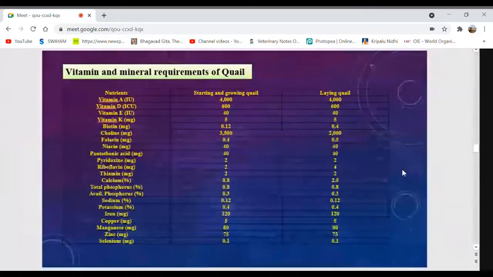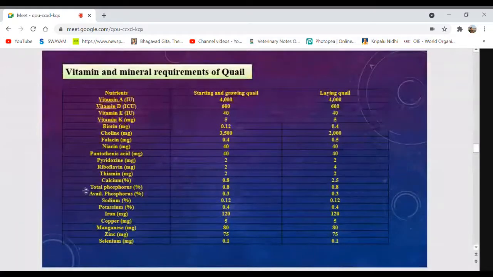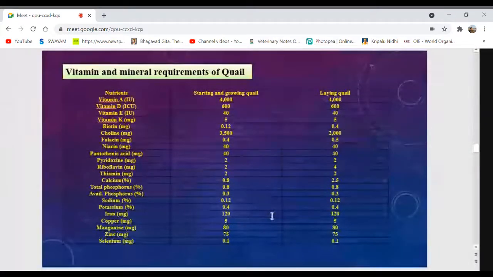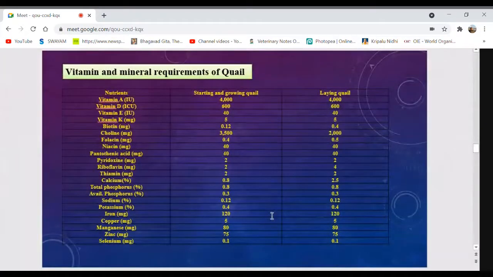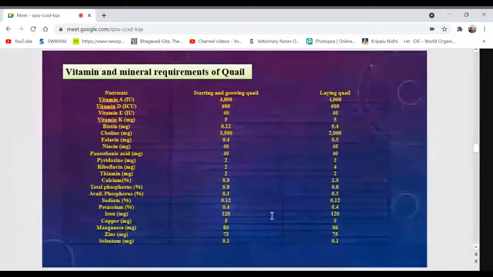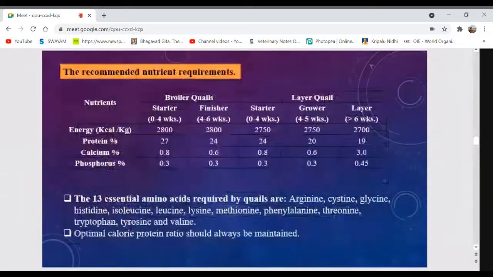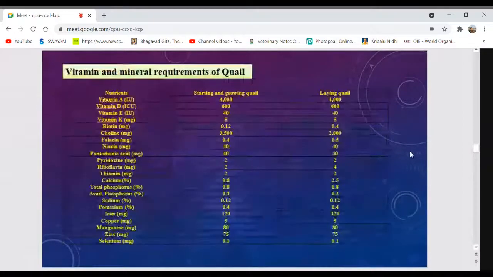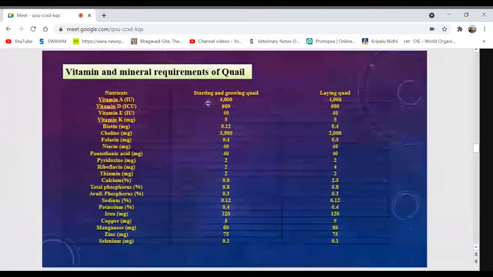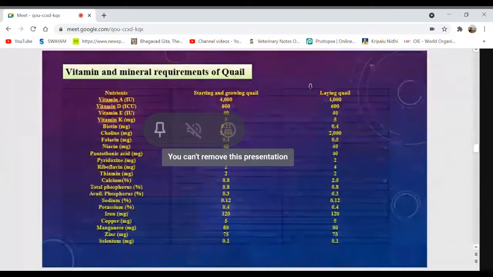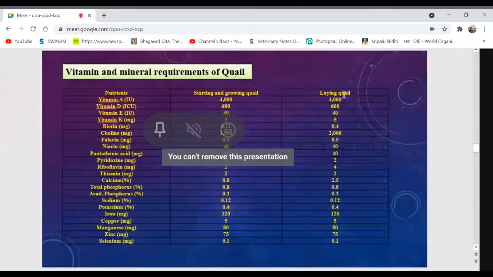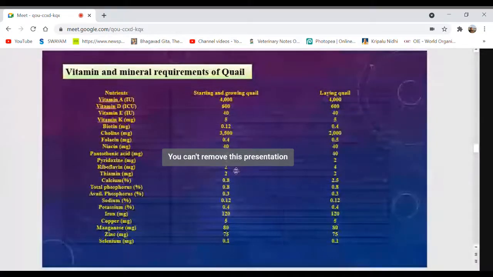Feed intake is less, but the requirement, that means the percentage of calcium or phosphorus or niacin, the different vitamins, the level will be comparable. If you compare this with broiler and layer, it will be the same. But feed intake is less because of the small size. This table you please try to remember, and this table you keep as reference. Starting and growing quail and laying quails. This is all about Japanese quail.